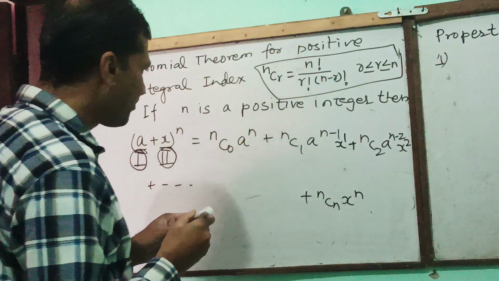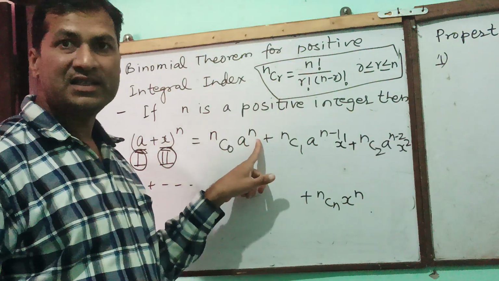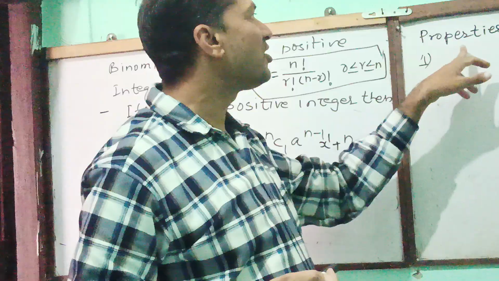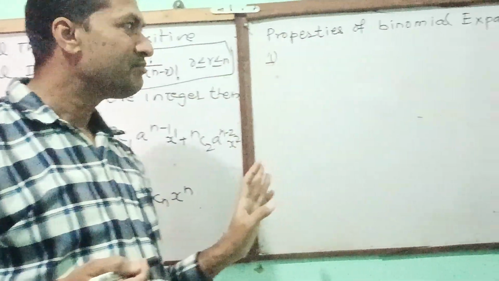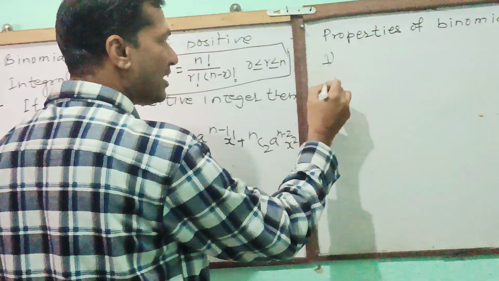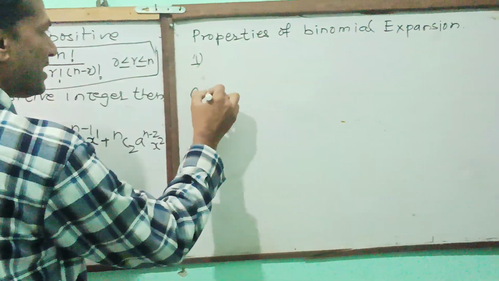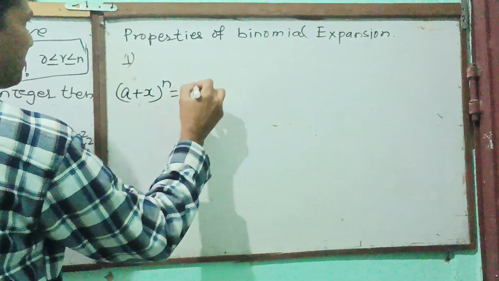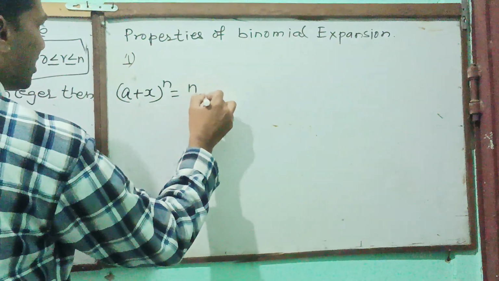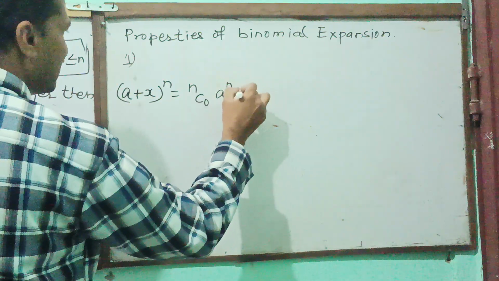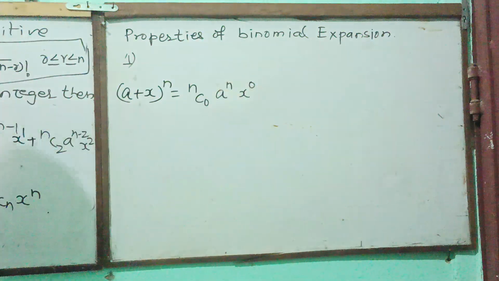Just look at this expansion, a plus x to the power n. The first term is nC0 a to the power n, and x to the power 0.